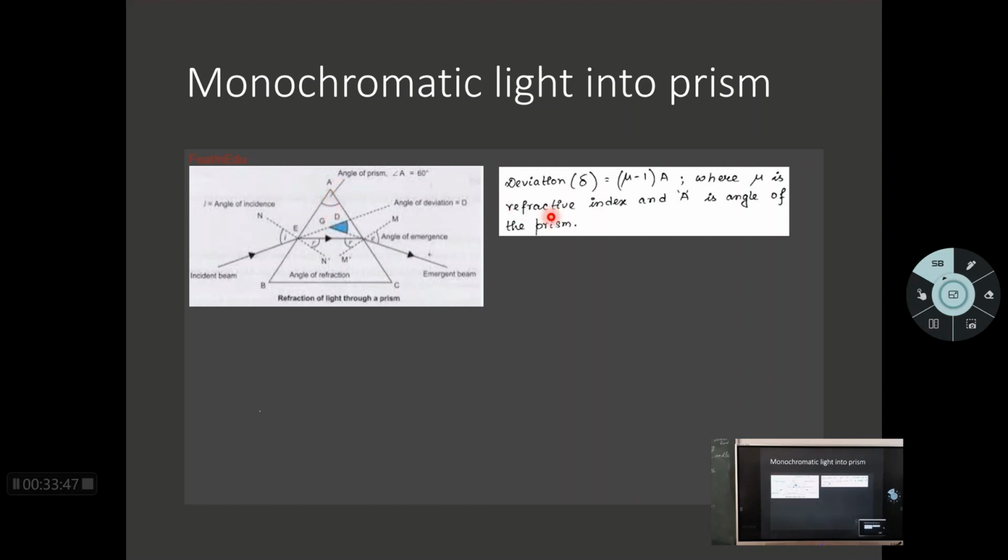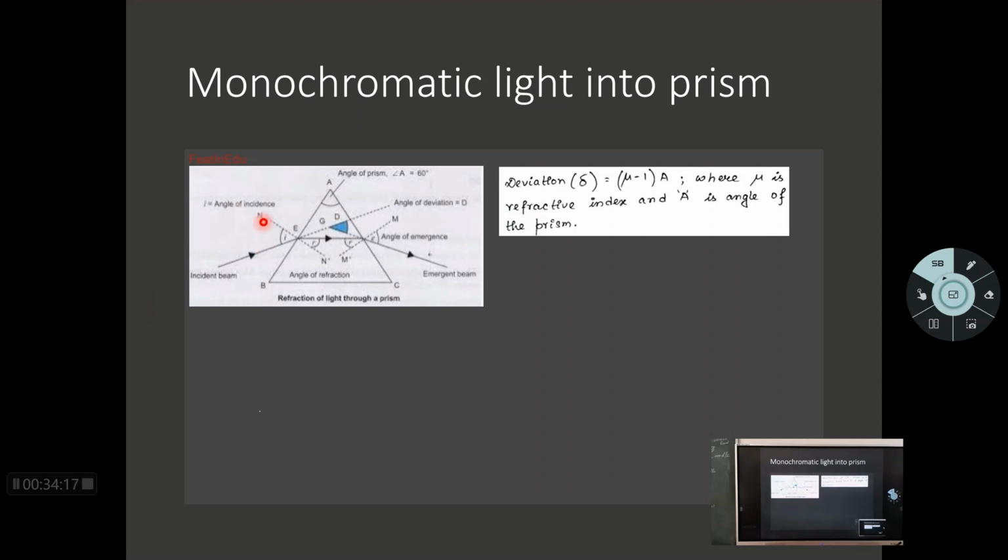You will learn the theory in your higher classes, that the deviation, delta, this blue angle you can see here, is the angle of deviation. This angle of deviation is equal to mu minus 1, into A. Mu is the refractive index, A here stands for the angle of prism. So you can see that the deviation depends upon the refractive index and angle of prism.